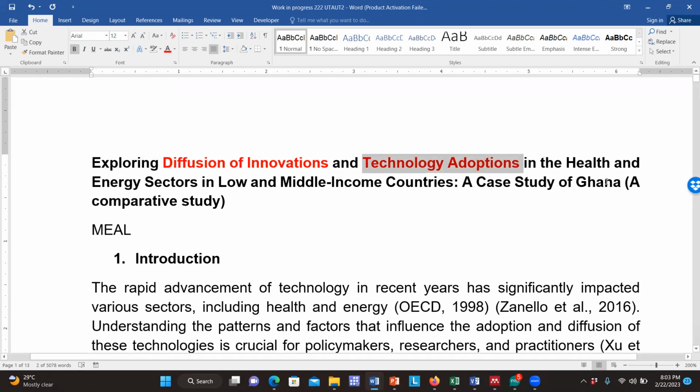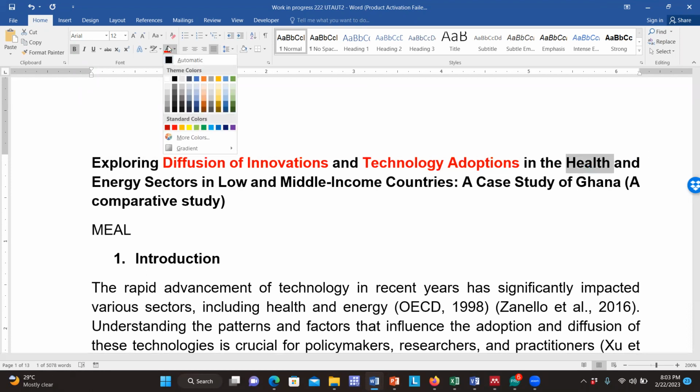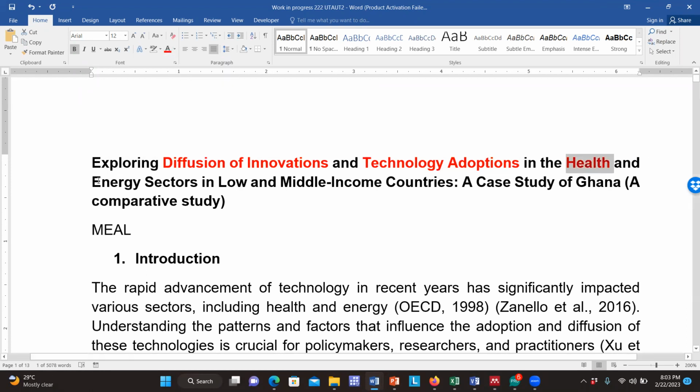And also health. And also energy sector. Health and energy sectors. Low and middle income countries. He's also talking about what? Ghana.